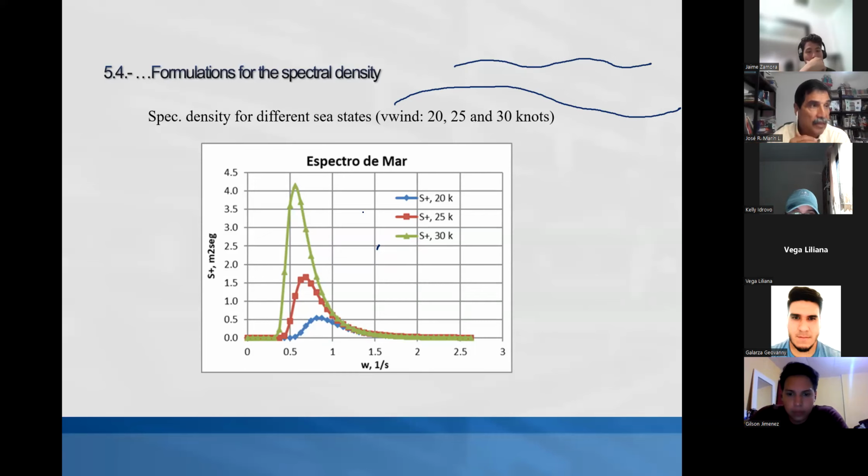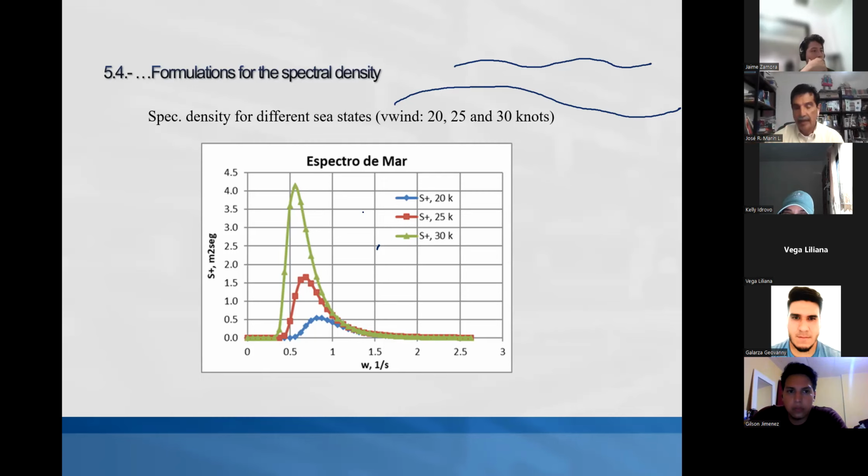Even though this is not a regular wave system, there is a lot of energy. The largest energy is in an area of frequency which are close to it. So that's something which has to be very interesting.